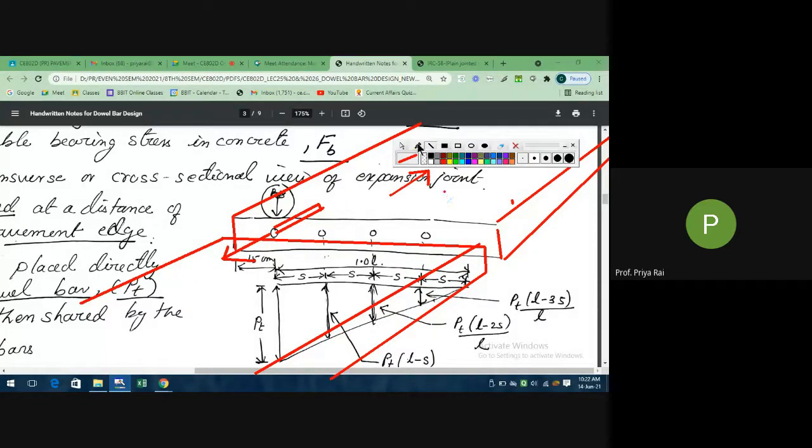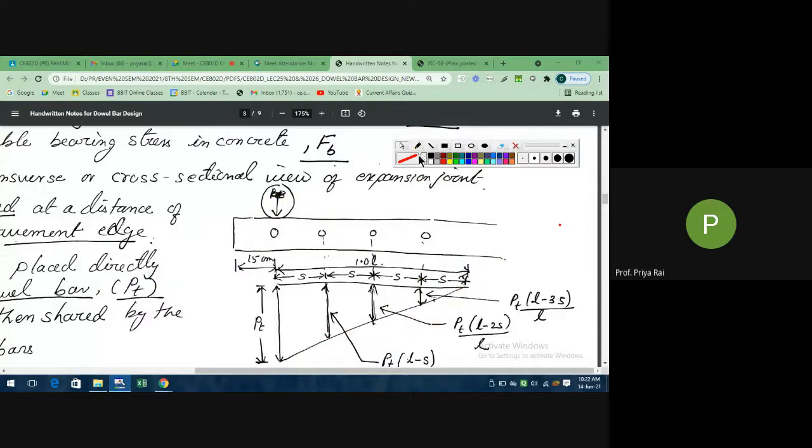Now, suppose this is the first dowel bar from the edge, the second dowel bar from the edge, the third dowel bar from the edge, and like this it will keep on going.